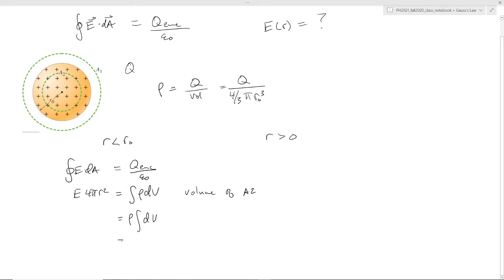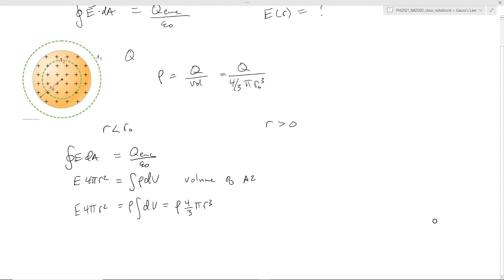And so this looks like the charge distribution. Actually, let me put it on the line above. This looks like the charge distribution times 4/3 pi r cubed. And let's then substitute in our charge distribution that we stated up here.